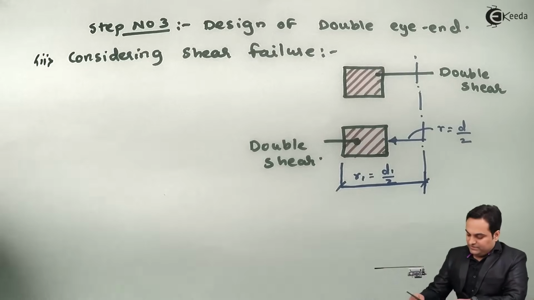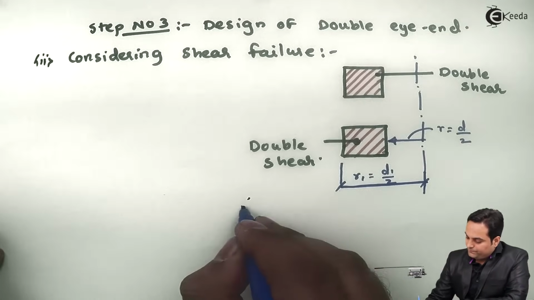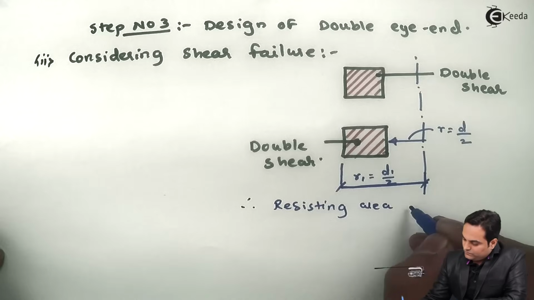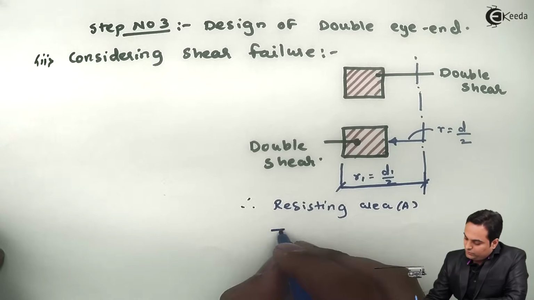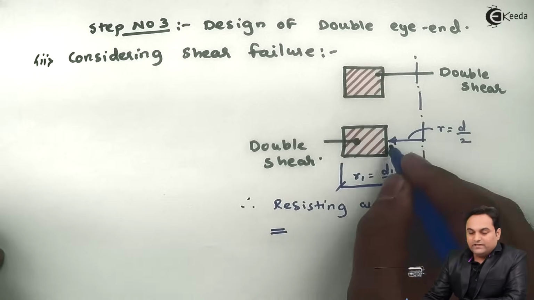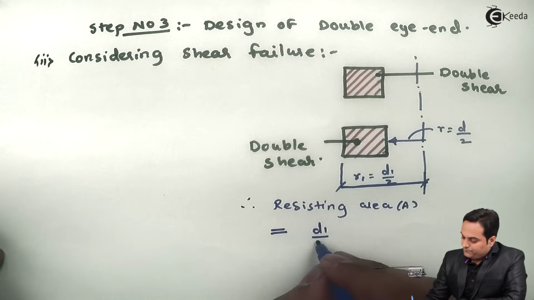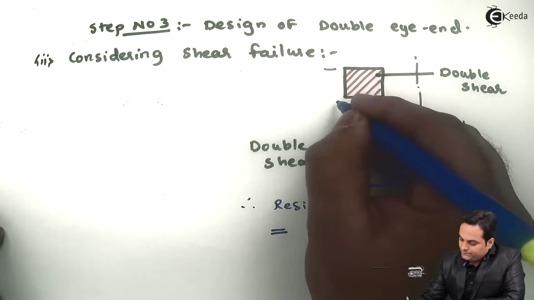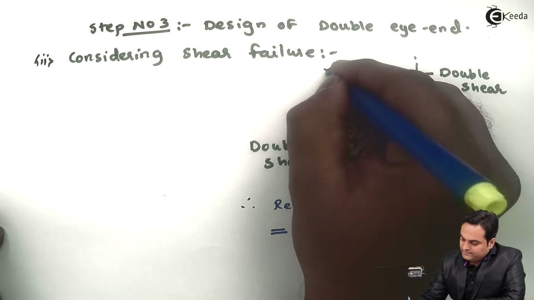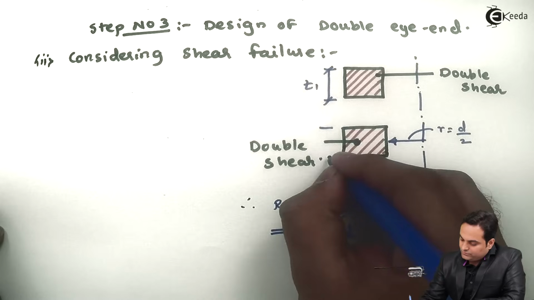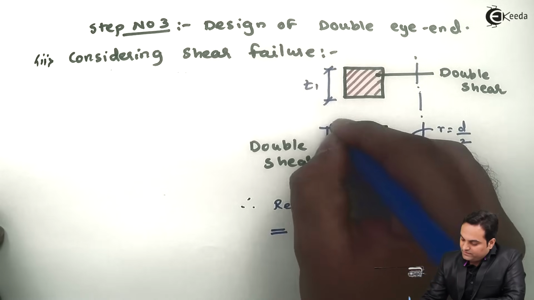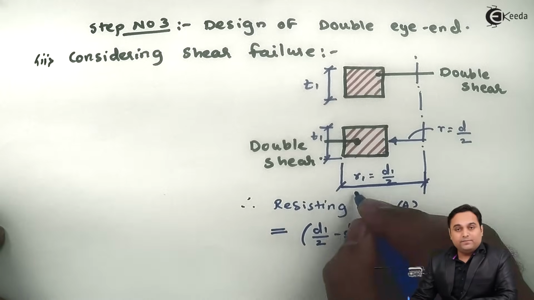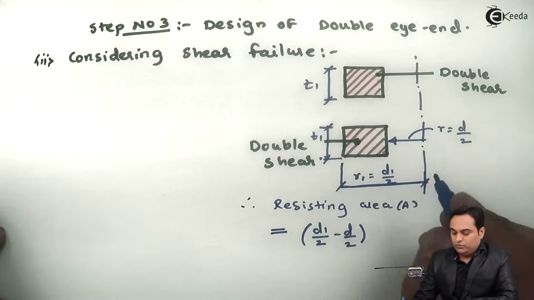So now the resisting area will be, therefore resisting area A, it will be equal to outer radius minus inner radius, that is D1 by 2 minus D by 2 into the thickness of double eye end, that is T1, and here also this thickness is T1. So D1 by 2 minus D by 2 into thickness.